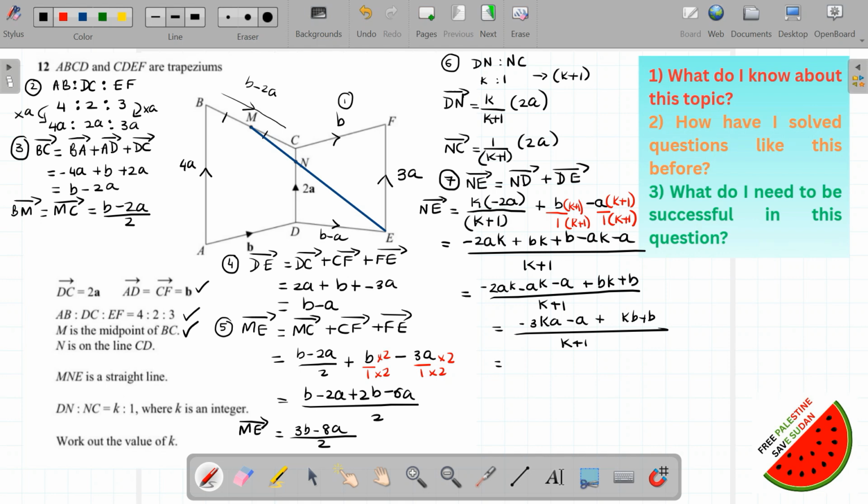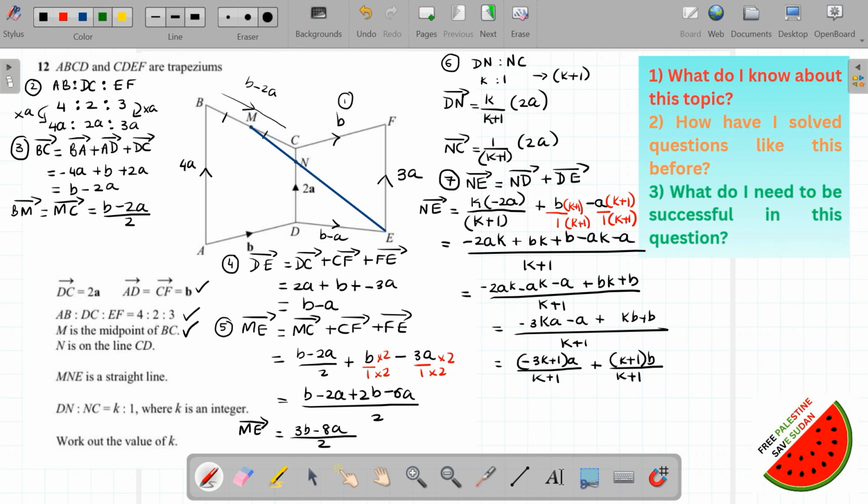So the coefficient of a will be minus 3k plus 1 a over k plus 1, and I'm separating it, plus the coefficient of b would be k plus 1 over k plus 1.